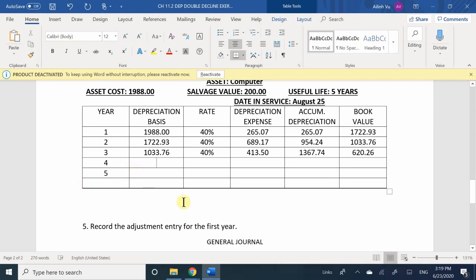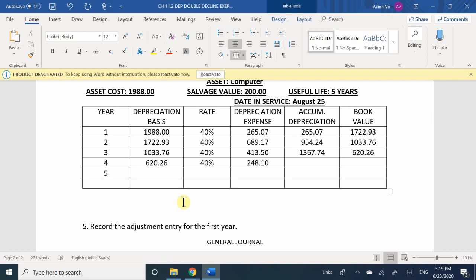At first, I was looking at it, it didn't look right. Okay. So then that means moving forward 620.26 is the basis. Times that by 40%. That'd be $248.10.